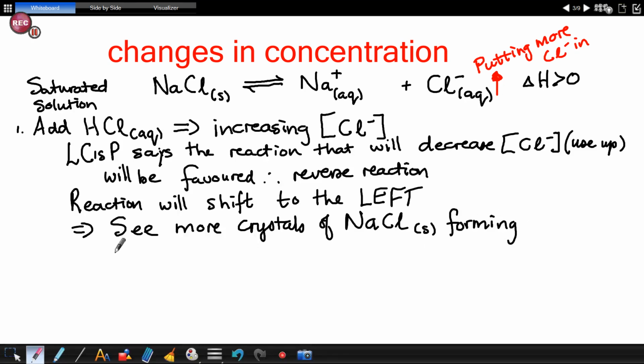And what will happen to the concentration of sodium ions? It will increase? Why? Or will it stay the same? Why? Because you're favoring this reaction.